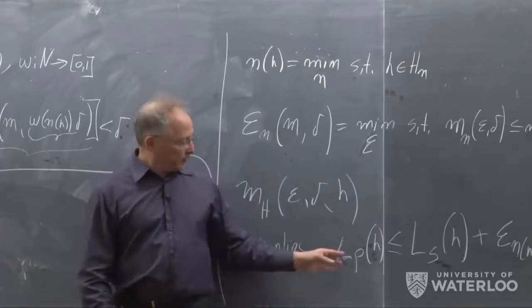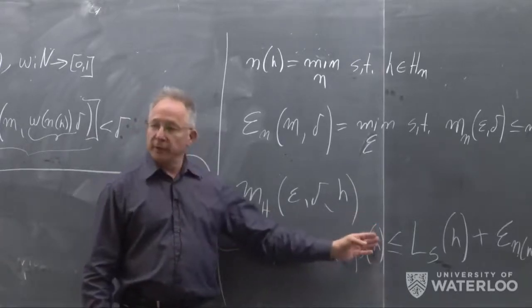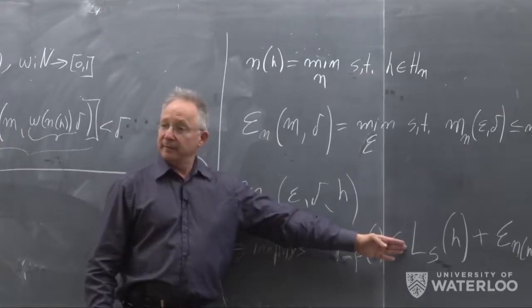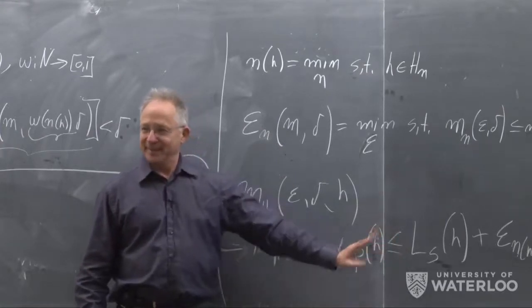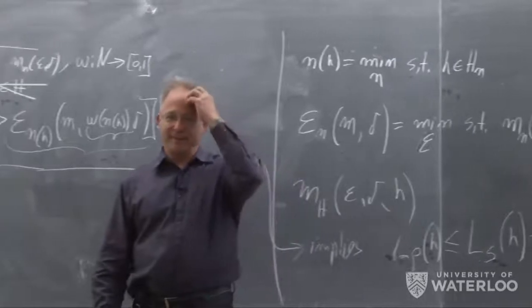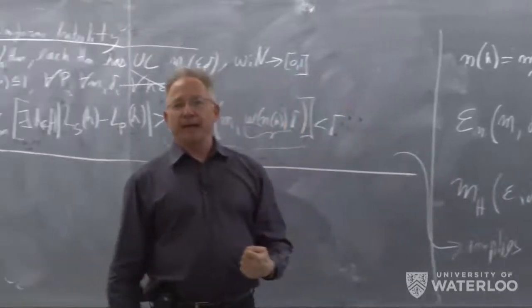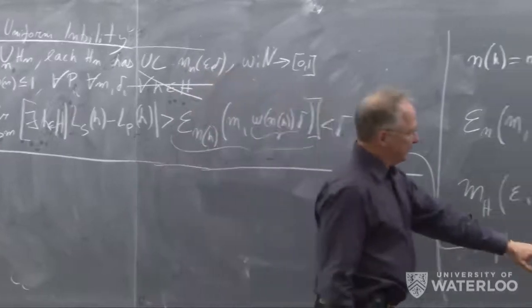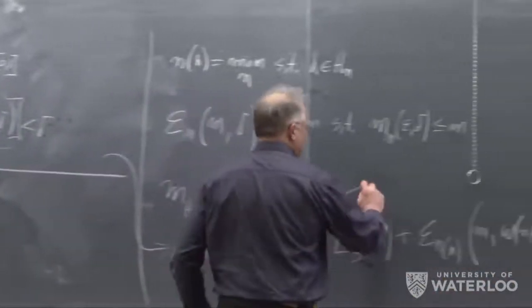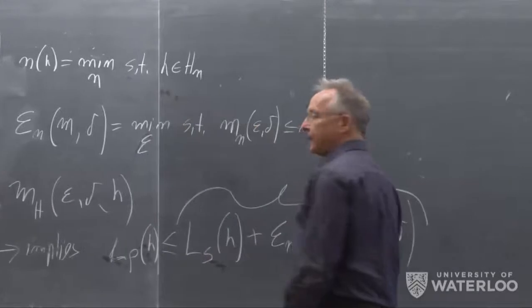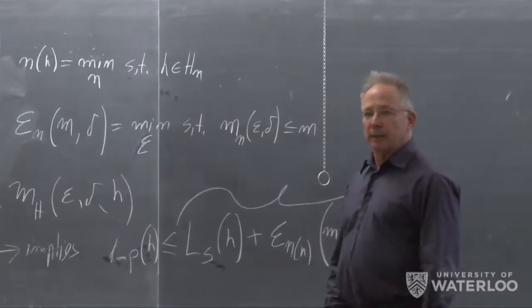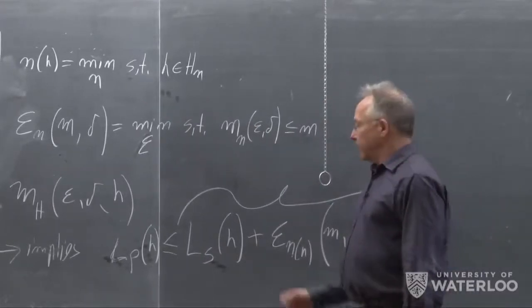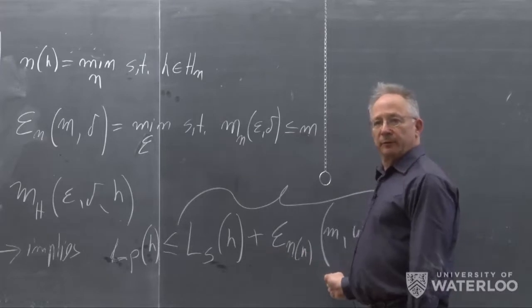So I want to say my true error of h is not big. Oh, sorry, I got that backwards. That makes total sense. Okay. So now what is going to be the algorithm? This guy is an upper bound on my error. So I'm going to pick an h that minimizes this upper bound. Okay?